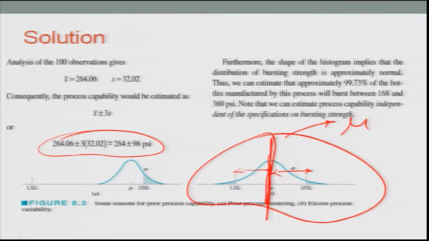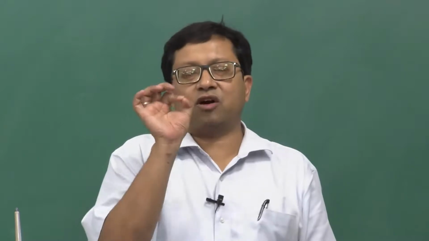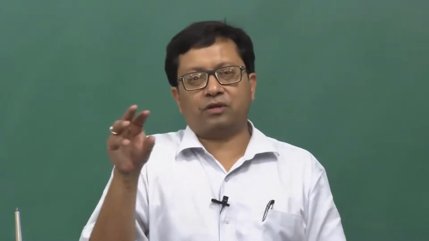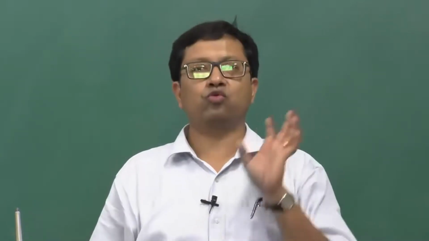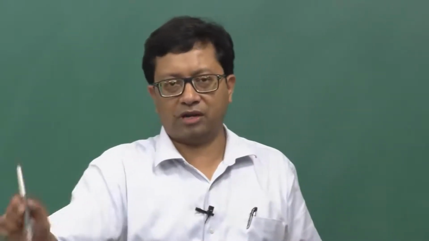Now one thing should be remembered, the sigma value which we have pertains to the standard deviation of the process. I have been mentioning this time and again, and the level of confidence will come from the so-called value of z. So it is 3 or 2 or 1 depending on the level of confidence.